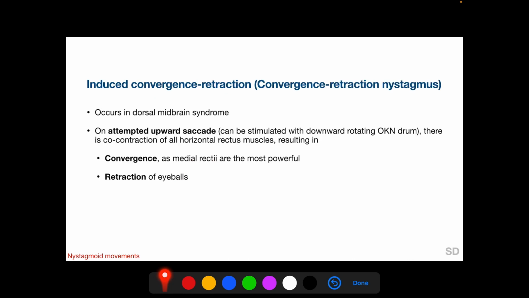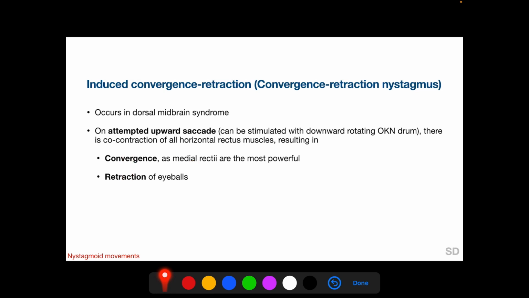Convergence retraction nystagmus is another form of nystagmus which we have to remember. It occurs in dorsal midbrain syndrome or Parinaud syndrome, and in this form, on attempted upward saccade, there is co-contraction of all the horizontal rectus muscles, resulting in retraction of the eyeballs because all the horizontal rectus muscles contract together, and convergence, as the medial recti are more powerful than the lateral recti.